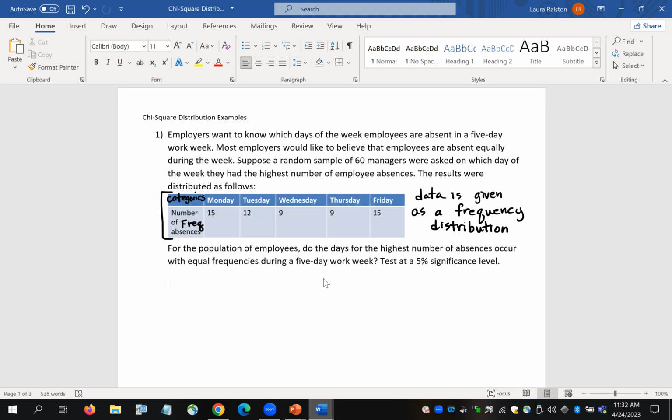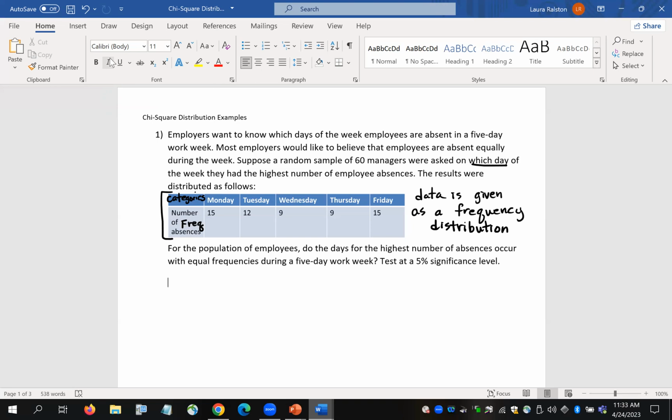But then also think about it. It says in this story that the managers were asked which day they had the highest number of employee absences. So the response that they're going to give is going to be a day, which is words.